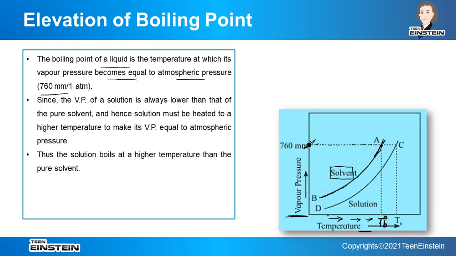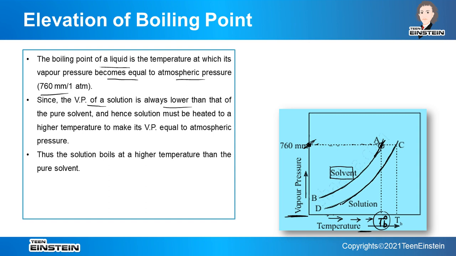That means at this point, at the corresponding temperature TB naught, it will start to boil. So this is for solvent. Okay, and since the vapor pressure of solution is always lower than that of pure solvent, when it is a solution, now you have to consider the line CD.